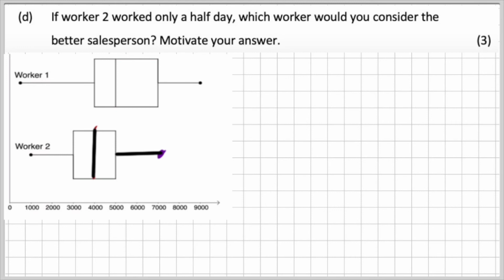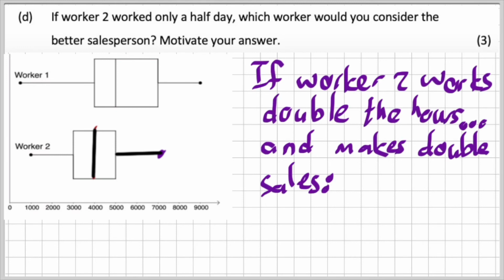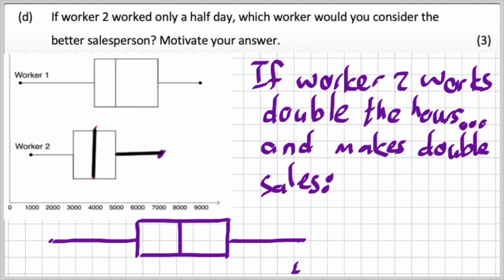Now, I'm going to make a logical leap of faith, as I tell my students, that if worker 2 works double the hours, I'm making the logical leap of faith that my sales are also going to be double, which means that my box and whisker diagram is going to kind of look like that, with my maximum sales being 14,000.